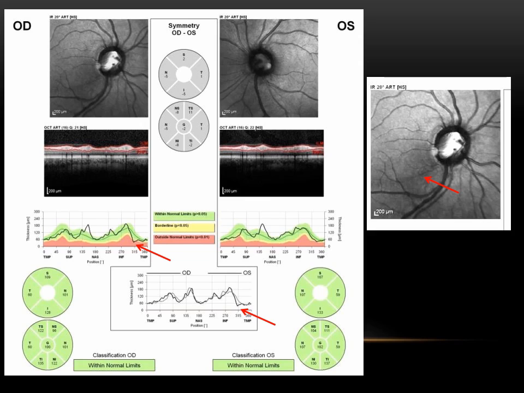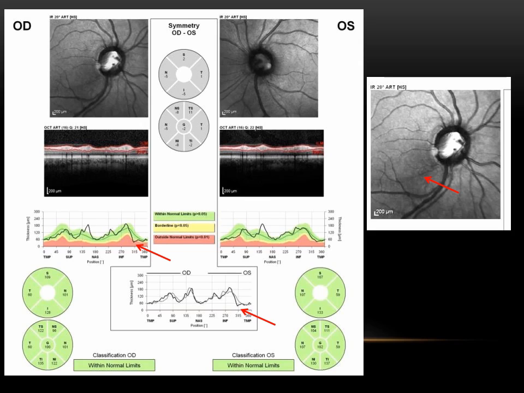Therefore, one has to be sure what we are seeing, is it a real nerve fiber layer defect or not. So therefore, multicolor imaging can enhance the picture that we get, not only to help us confirm, but also to be able to demonstrate it to our patients.